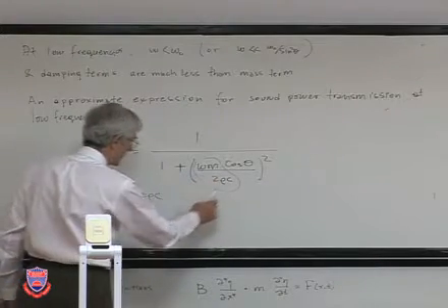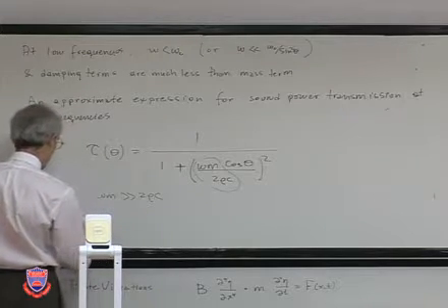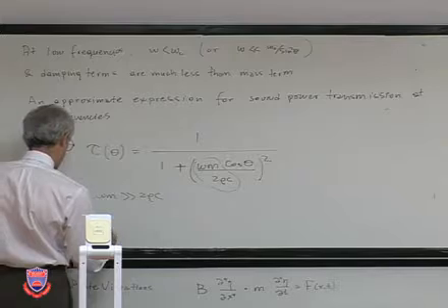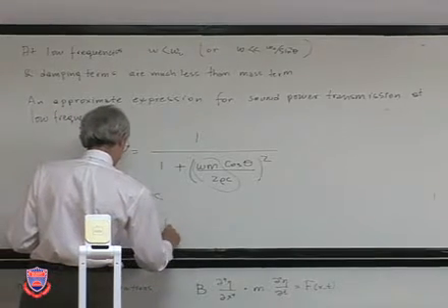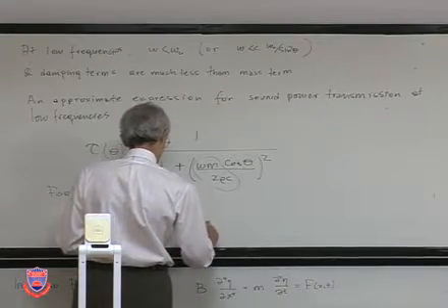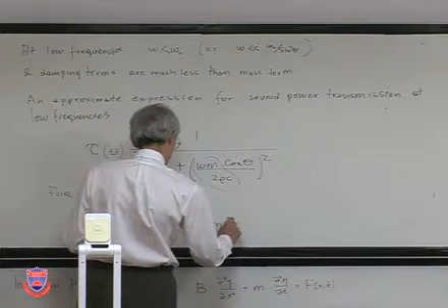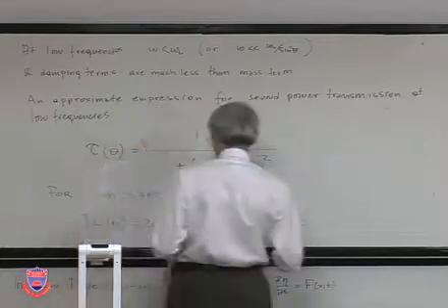And if this number is larger than rho c, then we can write the transmission loss expression as 20 log, in decibels.